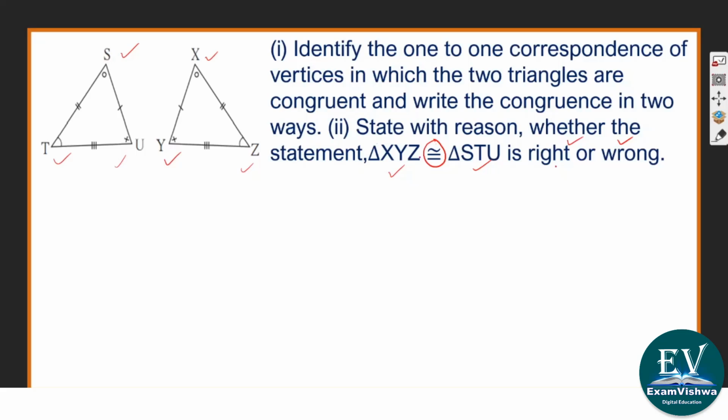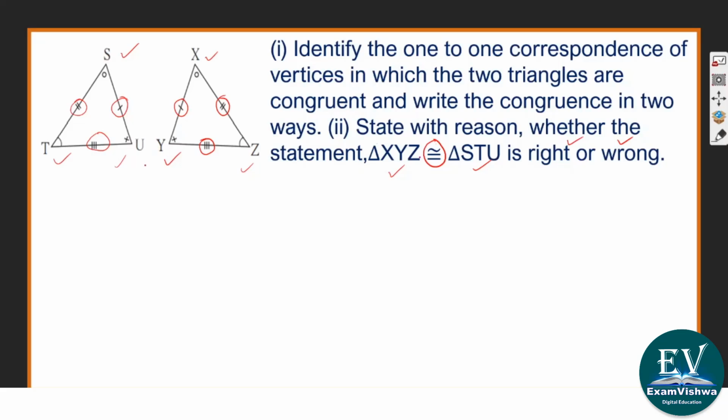If you look at triangle STU and triangle XYZ, and the symbols shown here, here is a single line. That means this side is congruent to this side. That's why they both have the same notations. Here 2 marks are there, again 2 marks. That means these two sides are congruent. Here 3 are there, here 3. That means the sides which are congruent are shown in the diagram. Correct?